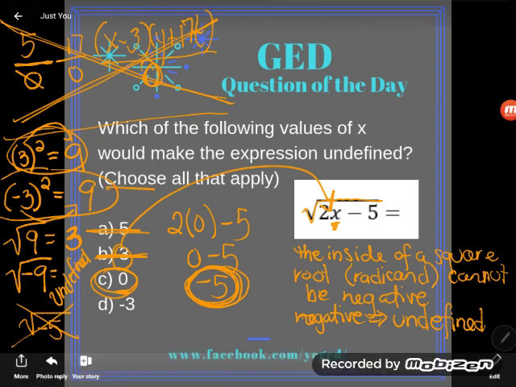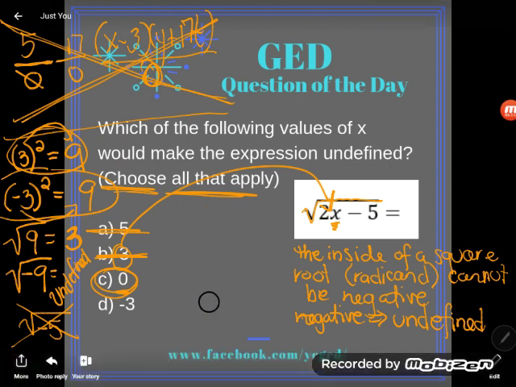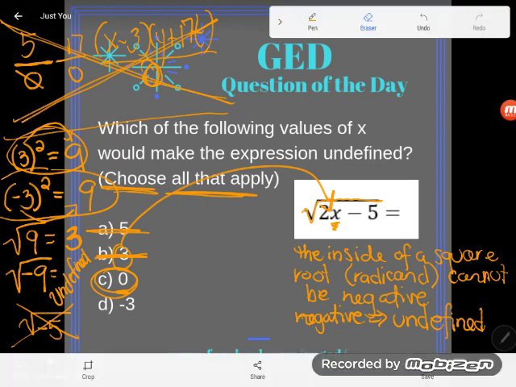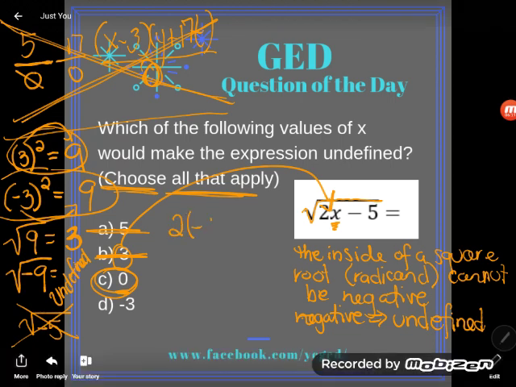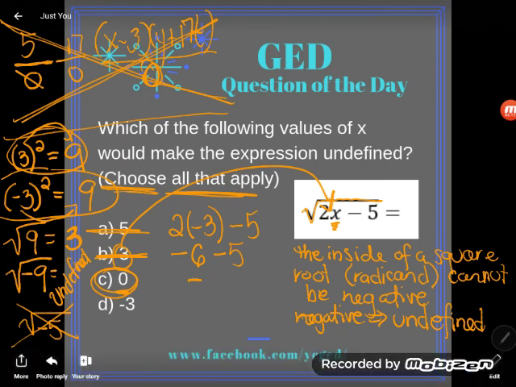Now, careful, don't stop and assume you're done. This question does say choose all that apply. So let's keep trying. Let's try negative 3. Don't assume just because it's negative, it's going to make our entire expression negative in the end. We've got to plug it in and see what happens. So 2 times negative 3 is negative 6. And if I were to subtract 5 from negative 6, I'd be really in debt.